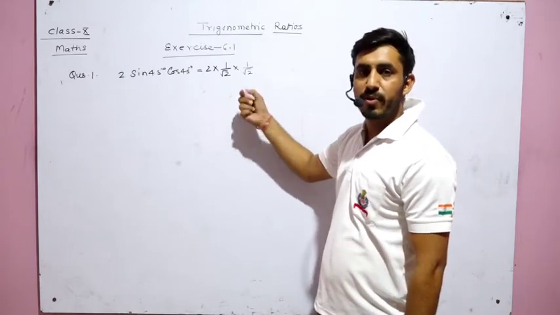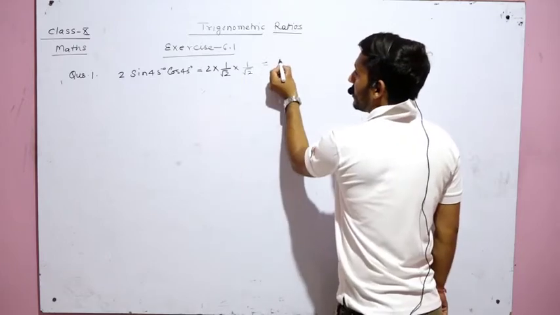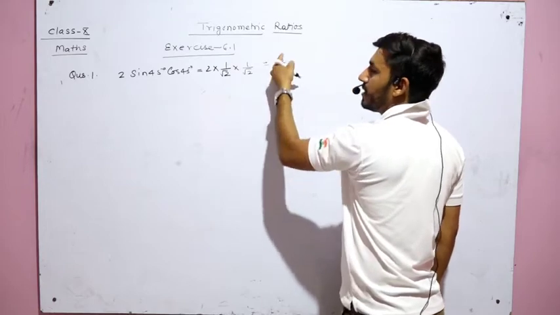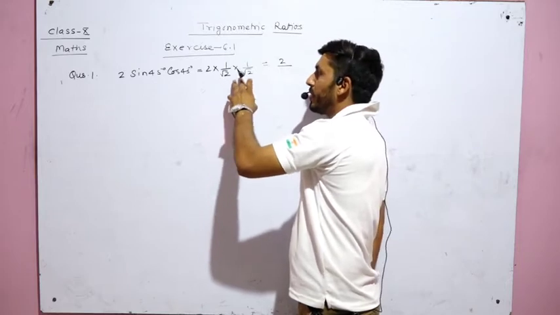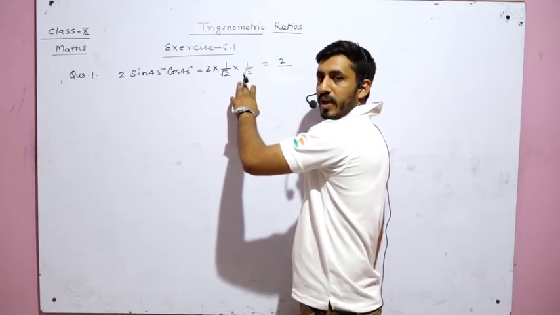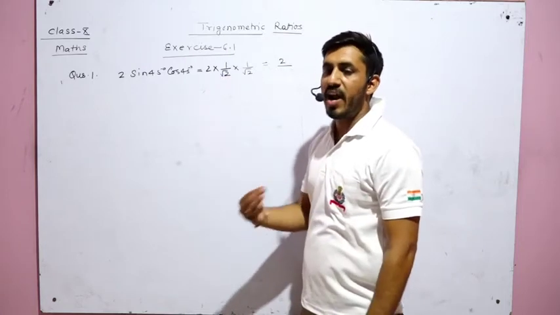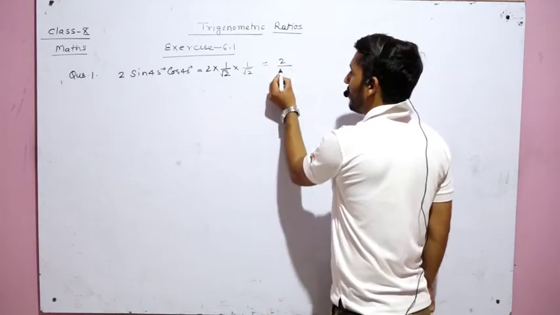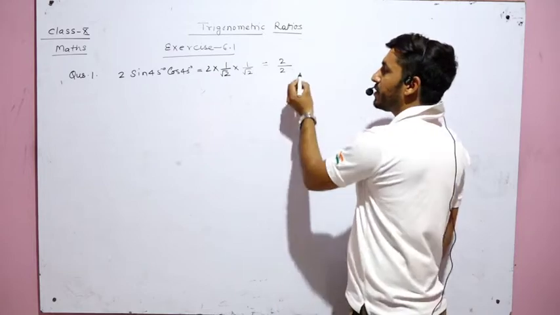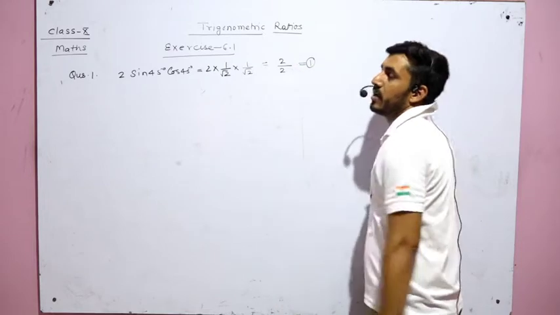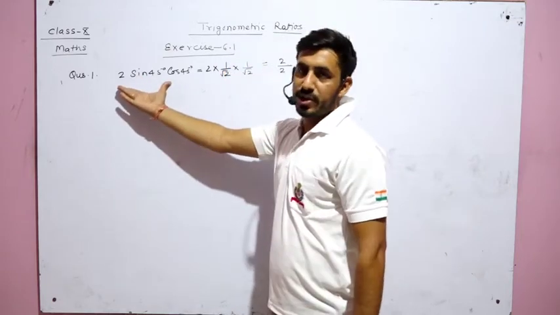By simplifying, you can write 2 into 1 into 1, that is 2, and root 2 multiplied by root 2 is the square of root 2, and square and root cancel, so we obtain 2. The 2 is cancelled by 2, so we will get 1. The value of question number one will be 1.